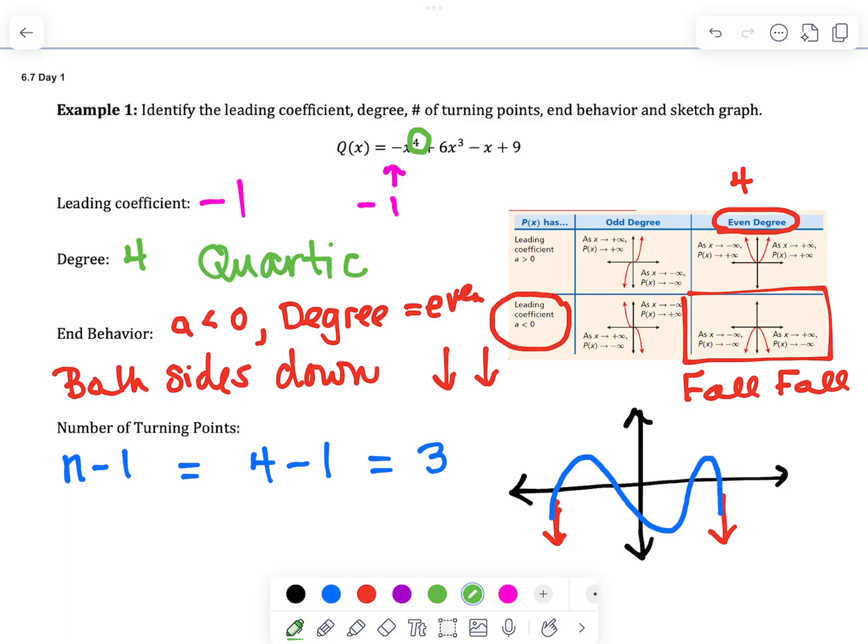So we have some type of maximum here. I don't know what it is, how high it is. It's just a sketch. I have some type of minimum here. I don't know where it is. And then I have another maximum. And what we'll do later on in our chapter is we will find out where those maximum minimums occur. But this is just a sketch.